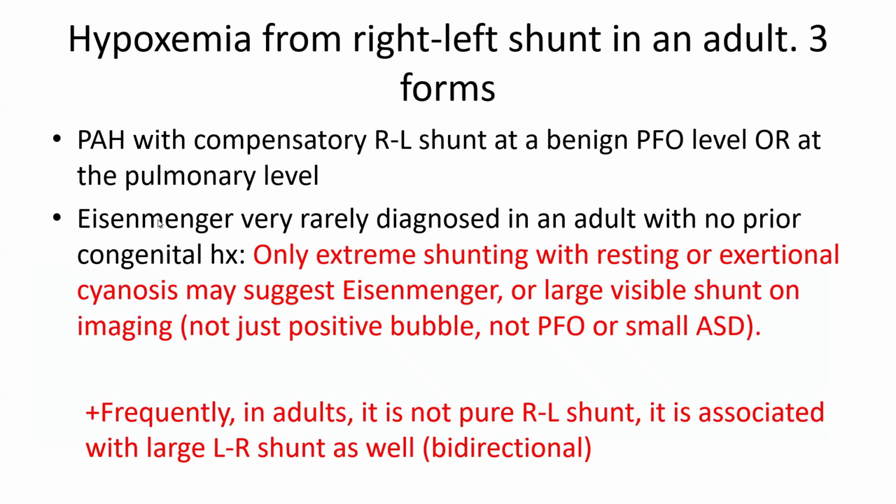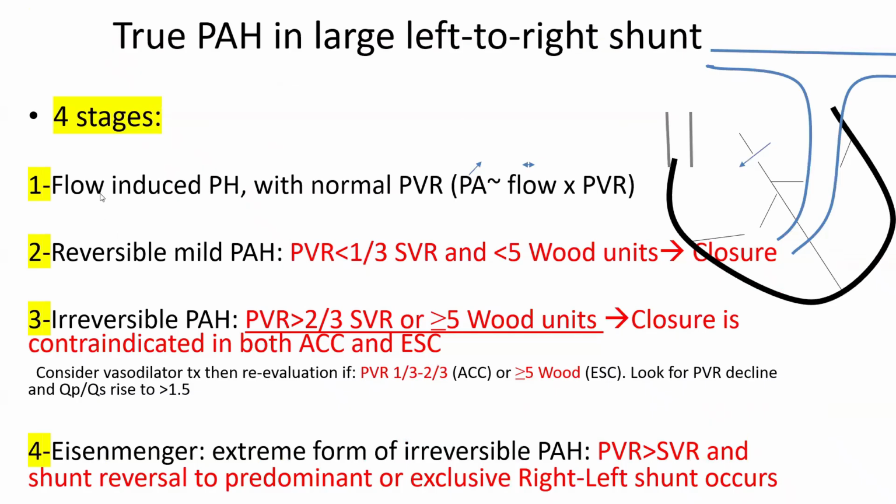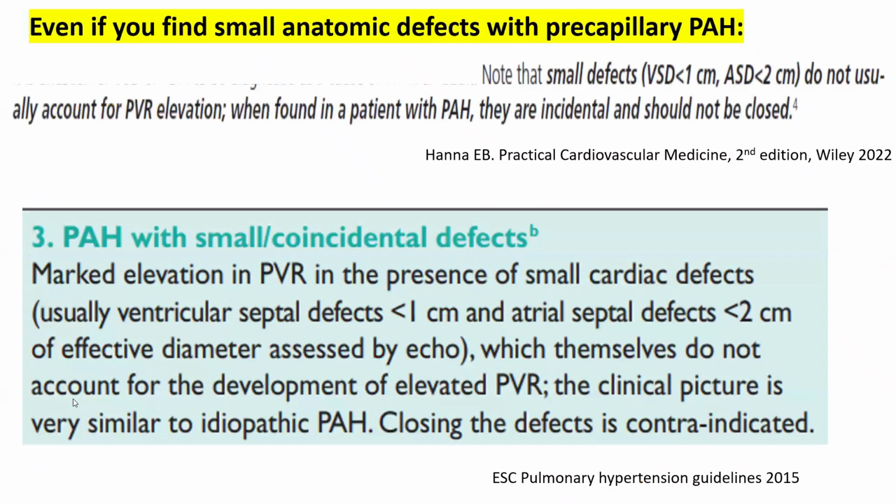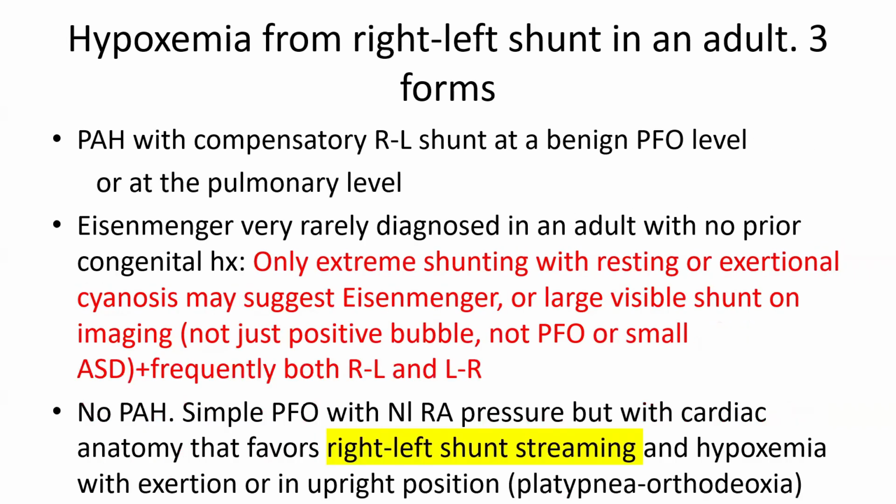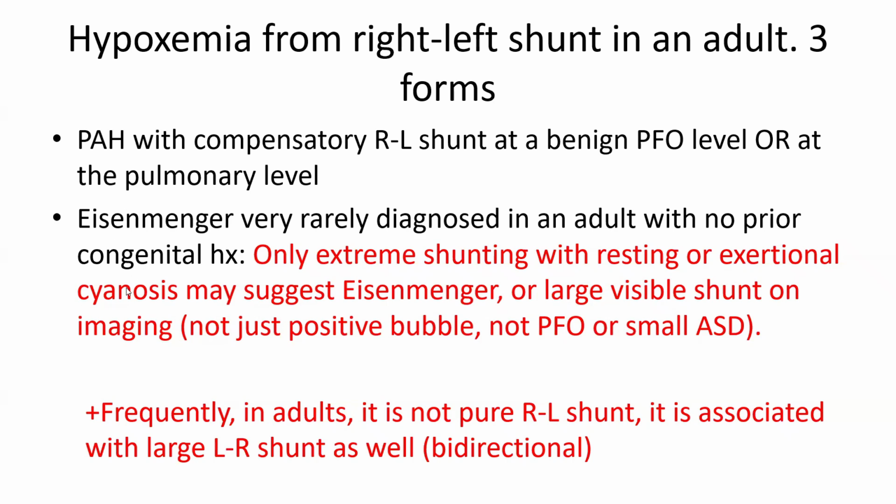And it's rare to diagnose a patient at this stage with a pure right to left shunt and with a true Eisenmenger. You're more likely to diagnose a patient with left to right shunt and pulmonary hypertension at stage 1 and 2, maybe 3. It's rare to be purely Eisenmenger diagnosed in an adult. This is the second form of right to left shunt you may encounter.